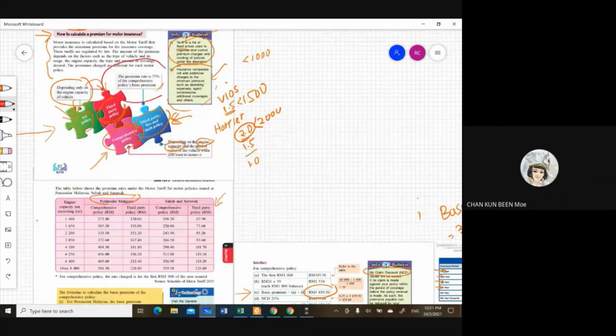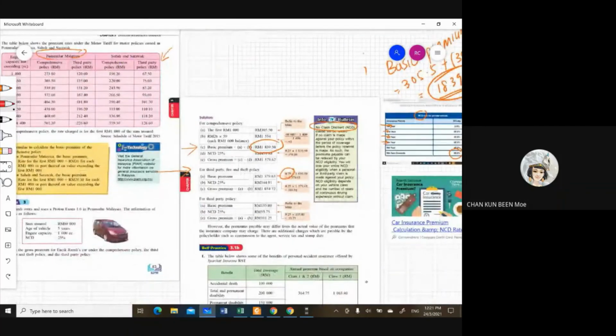Can you see this? This is under the third party fire and theft policy. The premium rate is 75% of the comprehensive policy's basic premium. That's why from the comprehensive policy that we have earlier, 1,839.5, we multiply by 0.75, we get 1,379.63. That's the basic premium for the third party fire and theft policy.